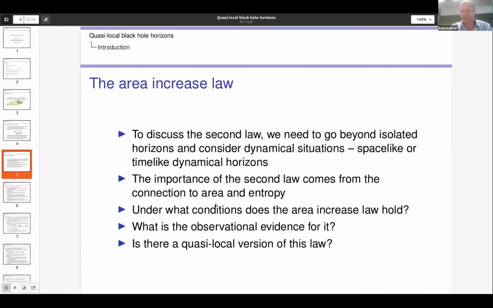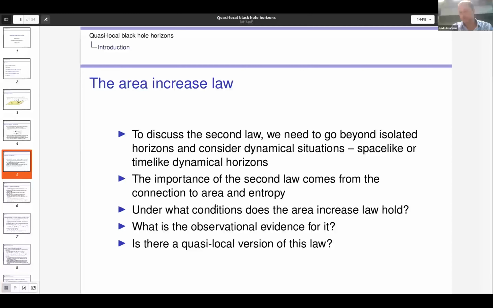We talked about examples like the Vaidya spacetime, in which you had event horizons which were growing even though there was no flux of anything crossing them. This was in part of flat space, and we found event horizons there. So the question is, if we do have a local or quasi-local version of the area increase law, can we find a flux law as well?